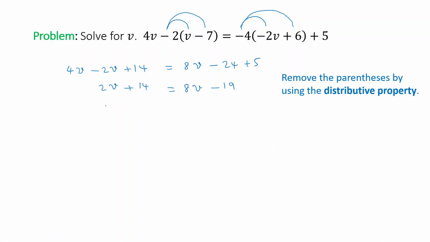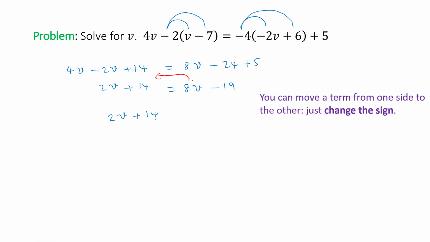So write this 2v plus 14. Now you need to move this to the left hand side. If you move this to the left hand side, you need to change the sign.